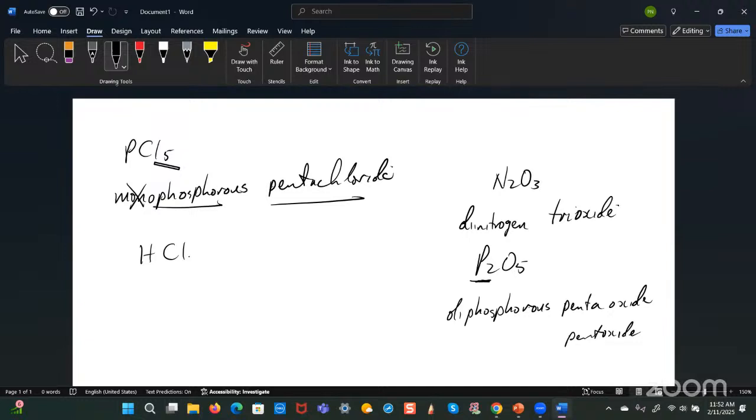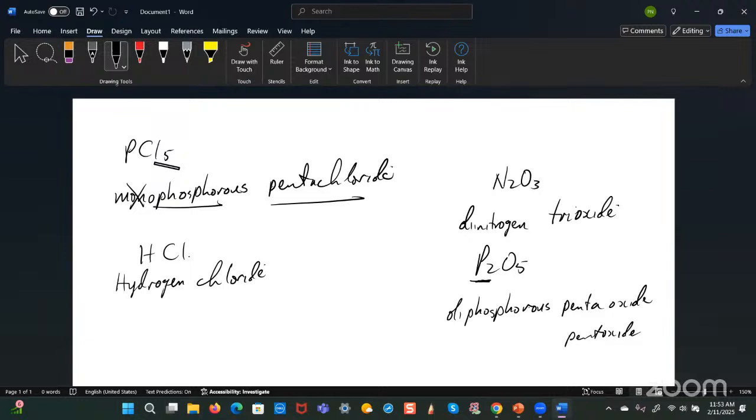So the name of this compound would be hydrogen chloride, and not monohydrogen monochloride or hydrogen monochloride. This exception deals with situations where you have two non-metallic elements, but one of them is hydrogen. If that's the case, there are no prefixes used at all.